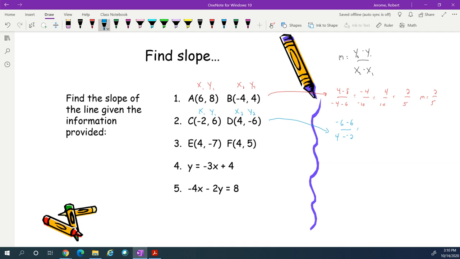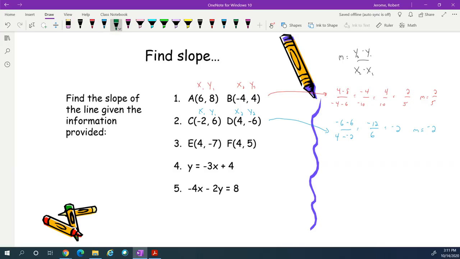Substitute carefully. We get negative 12 over positive 6 for negative 2. So slope m is negative 2. That's downhill because it's negative. And it's more than 45 degrees, so it's pretty steep, but going downhill. And again, you can graph these on the coordinate plane.